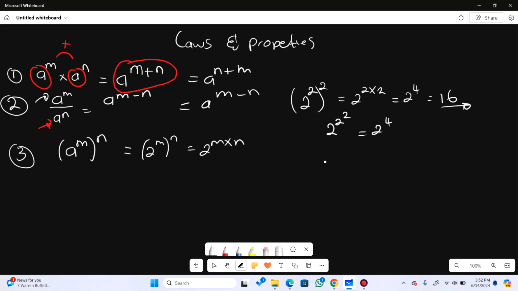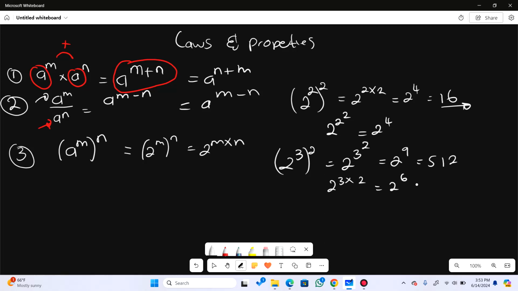But what if I say 2^(3^2)? In that case you would say 3 squared, which is 9, so 2 raised to the power 9 will give us 512. But if we say (2^3)^2, that will give us 2 raised to the power 6, which is 64 in that case.